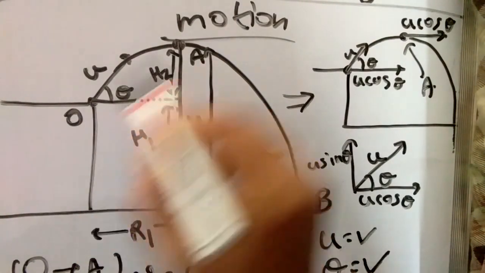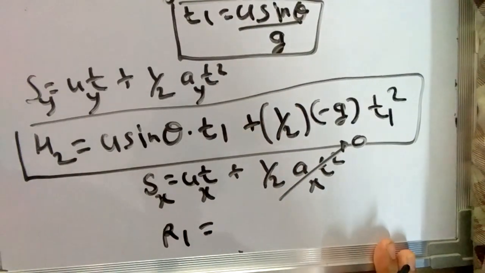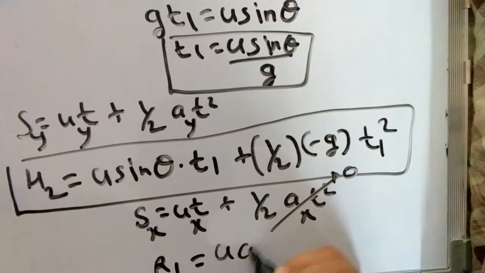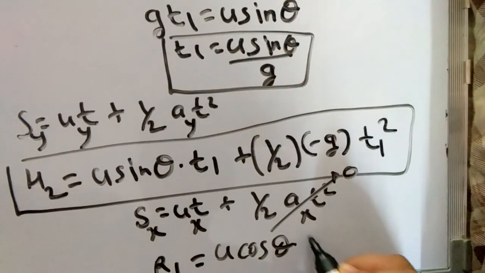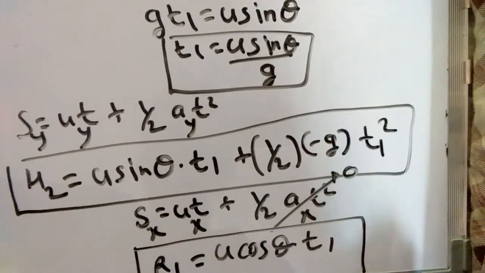Sx will be r1 because we are moving from O to A and this is the horizontal distance. So r1 equal to ux, which is u cos theta, into t1, because we are moving from O to A.